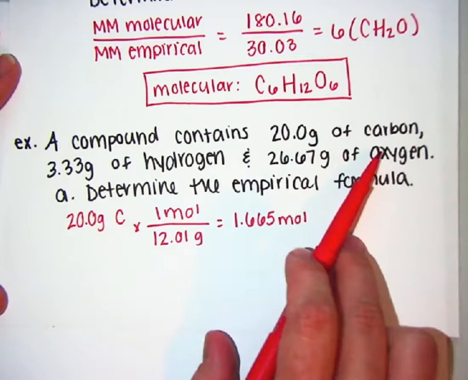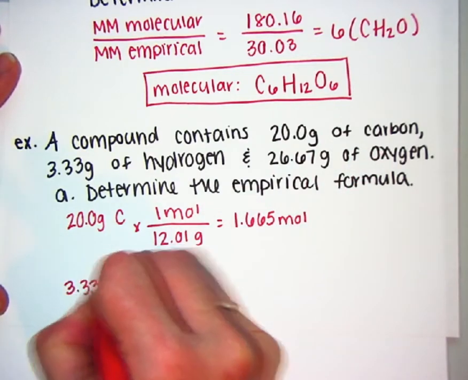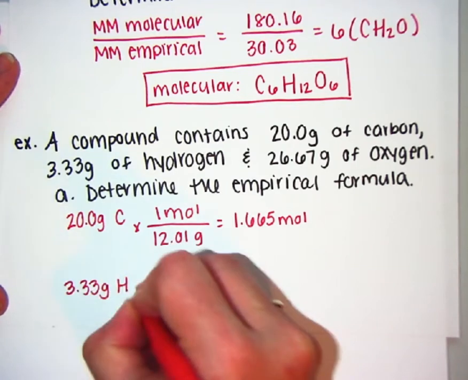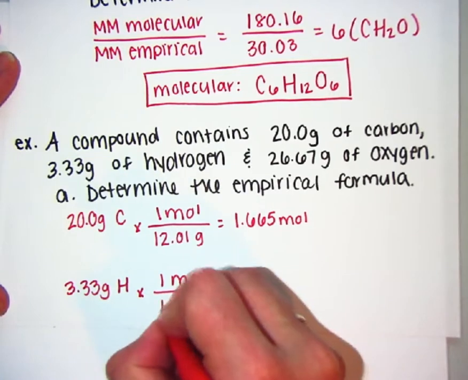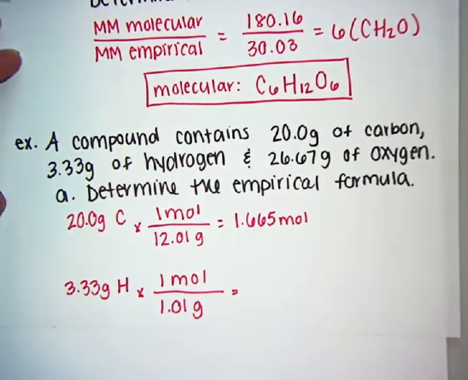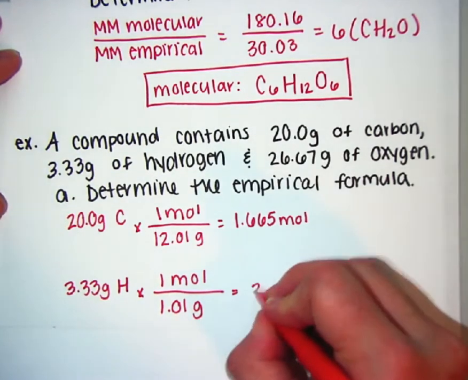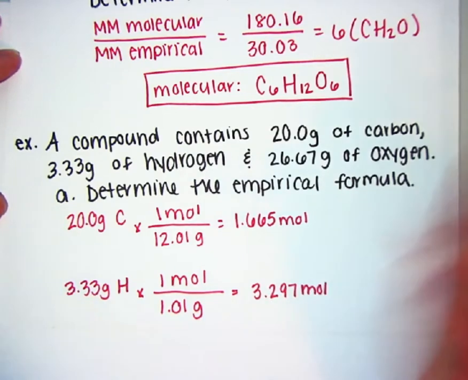So I did my calculation for 20 grams of carbon, 3.33 grams of hydrogen, .297 moles.